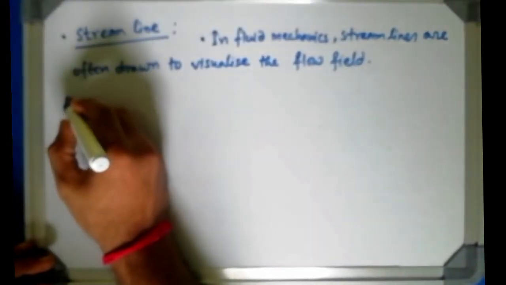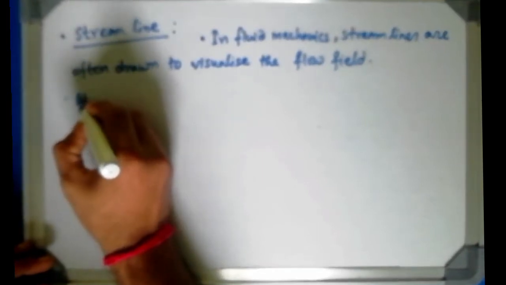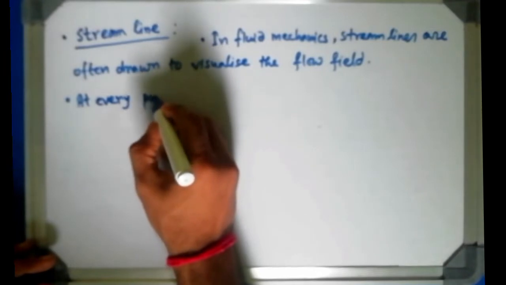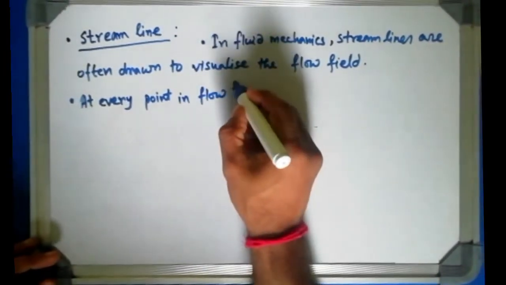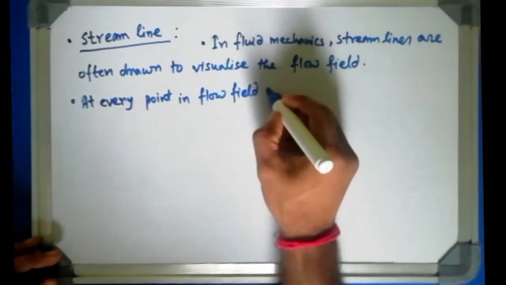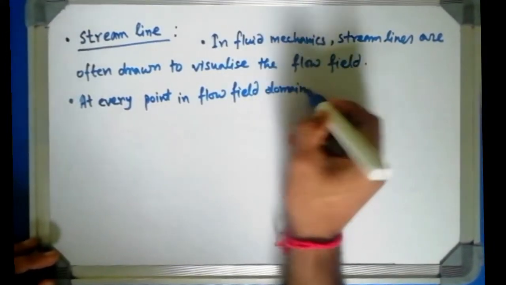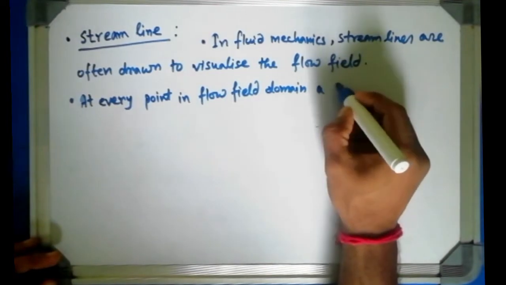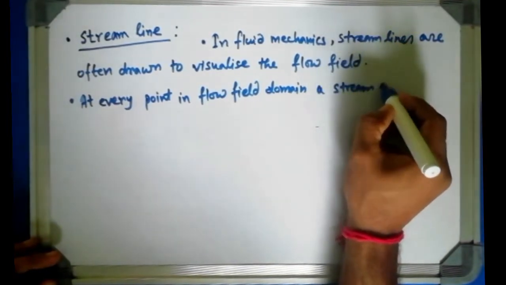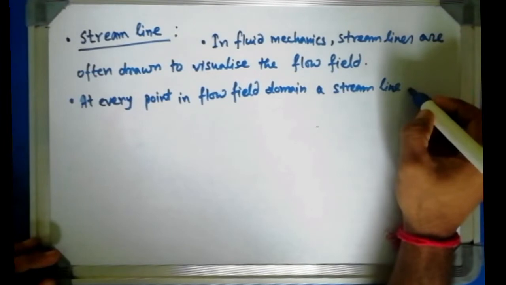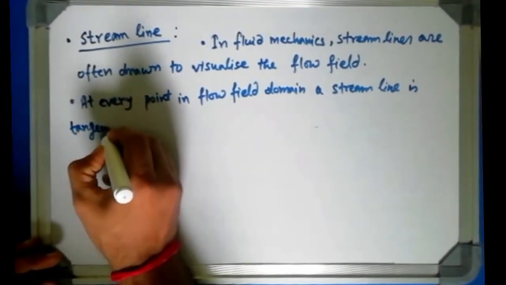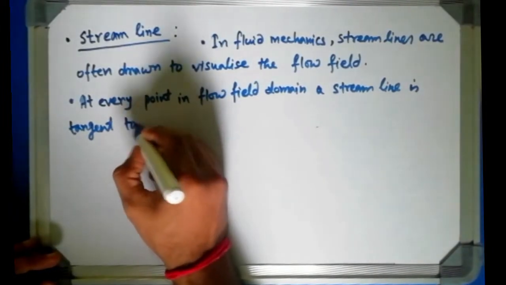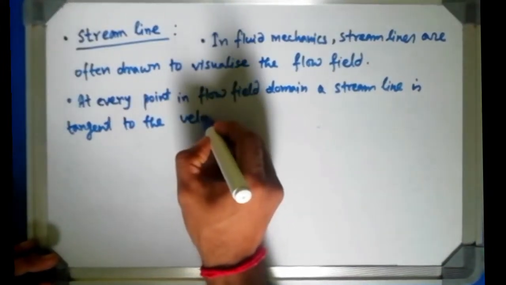So if I write like this, at every point in the flow field domain, a streamline is nothing but the tangent to the velocity vector.